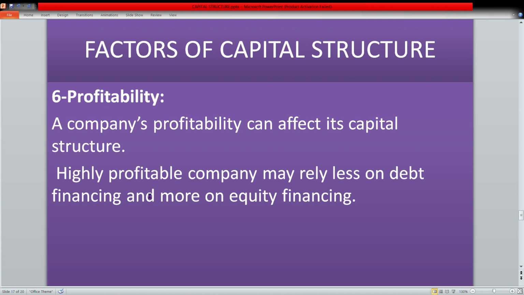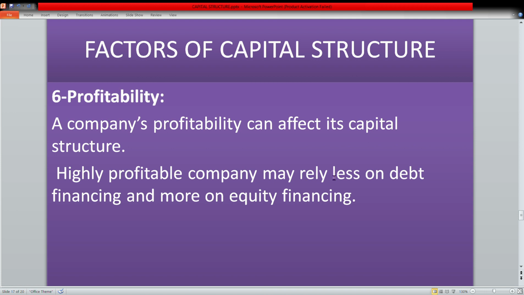A highly profitable company may rely less on debt and more on equity financing, because when the company issues share to the public, they always study the balance sheet and the financial performance, and if they see the company is a very good profitable company, generally the shares are sold.